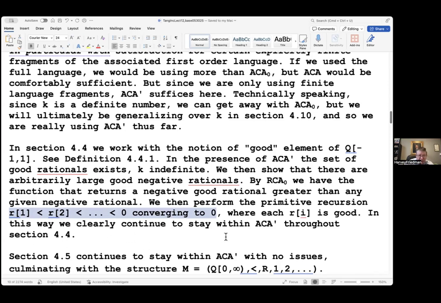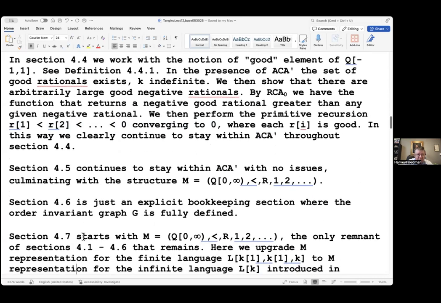And in this way, we could clearly continue to stay within ACA prime throughout section 4.4, even interpreting this fixed number K as an indefinite number, without it being standard. Section 4.5 continues to stay within ACA prime with no issues, culminating with the structure, this structure here.